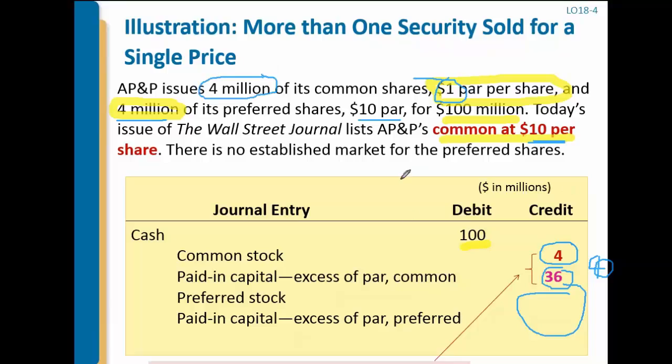So we continue this here, and what we see is 10 times 4 is 40, and then the remainder is going to go to paid in capital in excess of par.